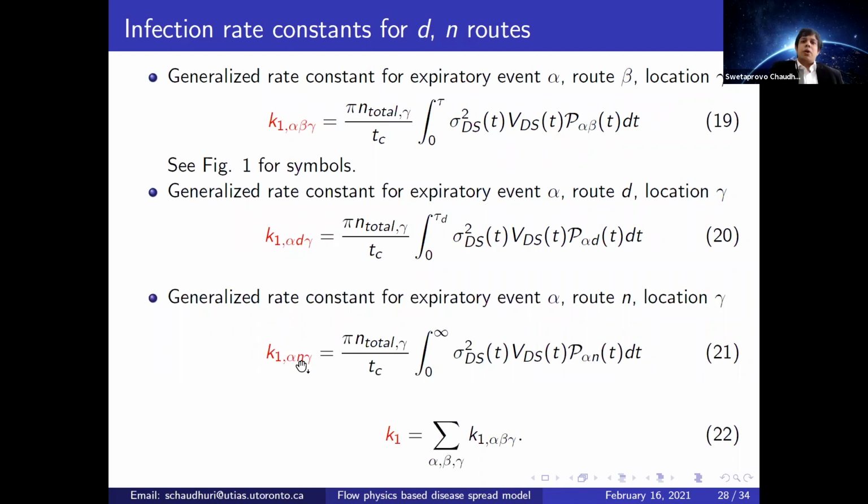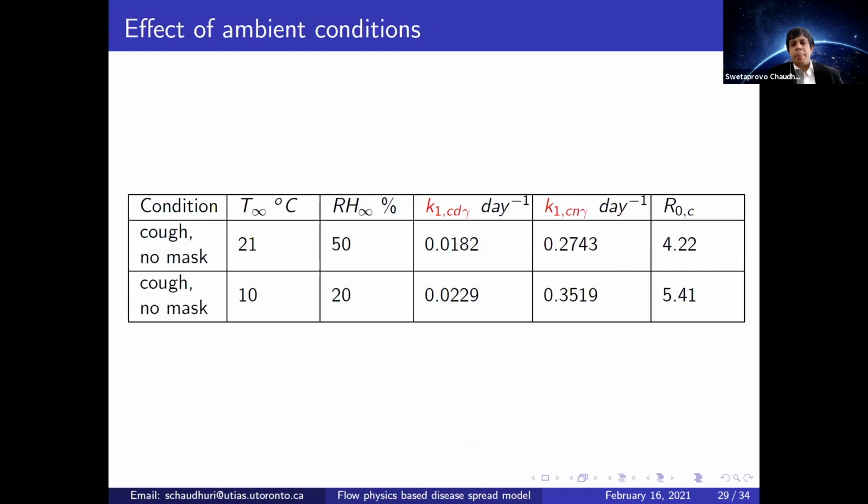Nuclei can persist for almost an indefinite amount of time, so basically we need to integrate from 0 to infinity. But for practical cases, because the probability goes to almost 0, we need to integrate only up to a point where the integral converges. So this is the rate constant from the droplet route, and this is the rate constant that we get from the nuclei route. The total rate constant is just the sum of these different parallel routes, so we just need to sum over this.